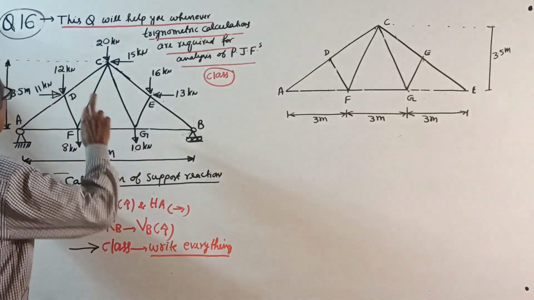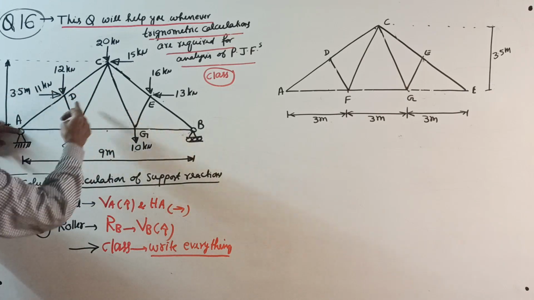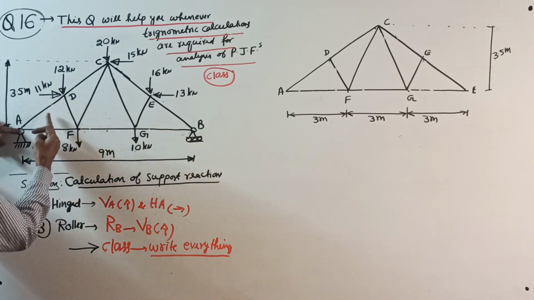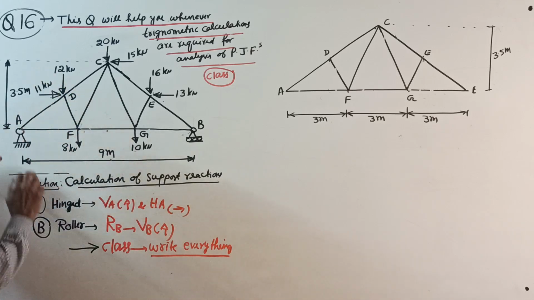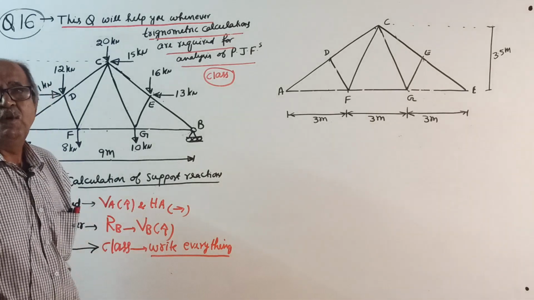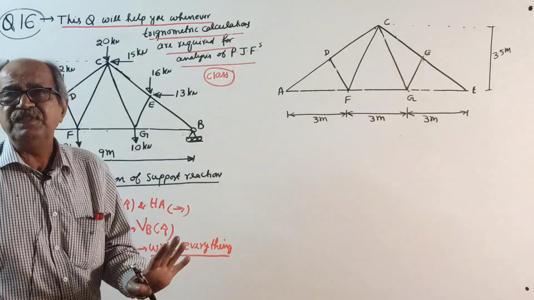See, when you take moment about A, the 11 kilonewton into this vertical height is required. If the 11 is not there, then you don't require the height. But I have set the question so that everything is required.